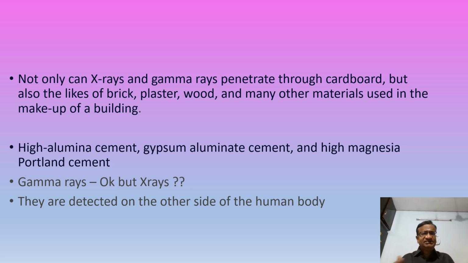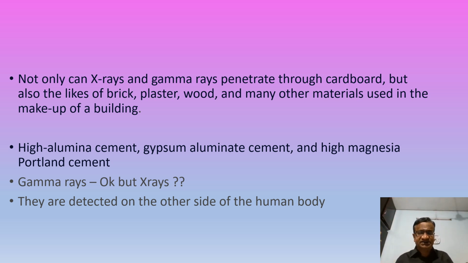Now, very, very important. Somebody will say, I am standing behind the pillar, or I am standing in the next room, the operation theater, or there is a wood partition between us. All these things don't matter much. Even the human body, it penetrates. It goes through the floor, it goes through the roof.